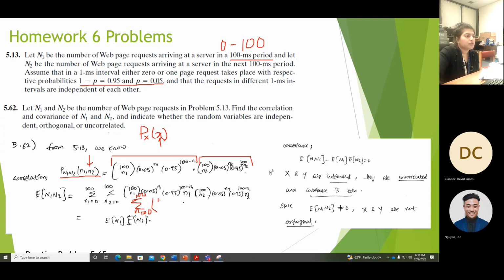So we have 100. Suppose n1 represents the capital N1. And then you have 0.05 to the power of N1 and 1 minus 0.05, which is basically 0.95, to the power of 100 minus N1. So this one is a separate entity.